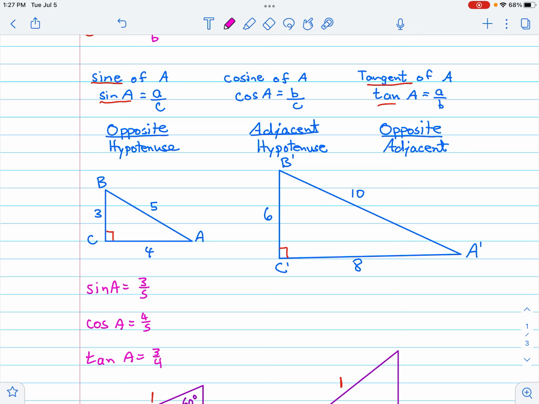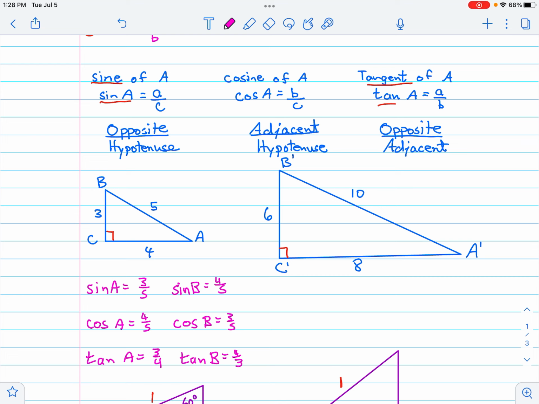We could do the sine of B, which is 4 over 5, the cosine of B, which is 3 over 5, and then the tangent of B, which is 4 over 3.